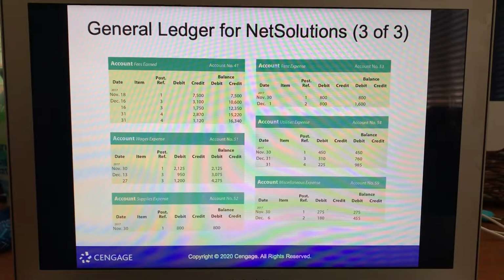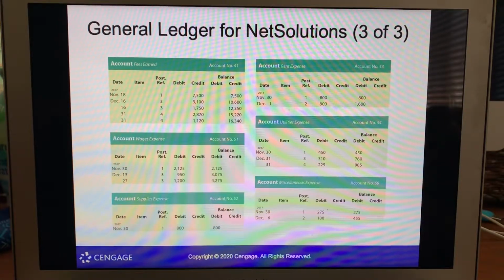Also, these are the contra accounts, and these are fees earned, wages expense, supplies expense, rent expense, utilities expense, and miscellaneous expenses. So basically, the general ledger is keeping track of each of your accounts.